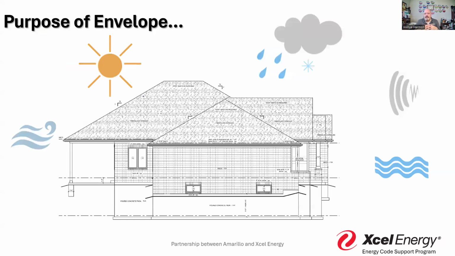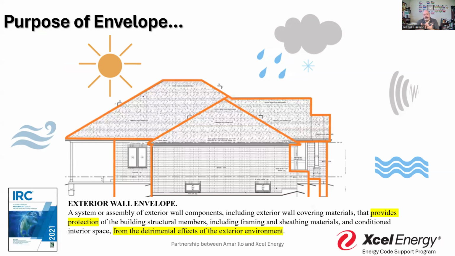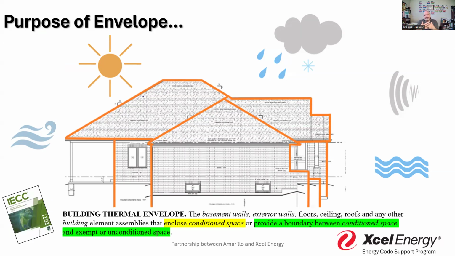And so we have to fundamentally understand, if we're going to break this down into these 4 different concepts, we have to remember what is the purpose of the envelope. And the purpose of the envelope is to separate, first and foremost, the exterior environment from the interior environment. But when we start looking at it from the energy code perspective, it's all about enclosing, encapsulating, controlling conditioned space, right?